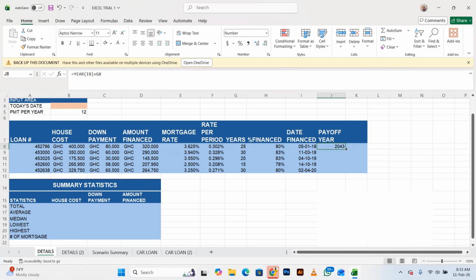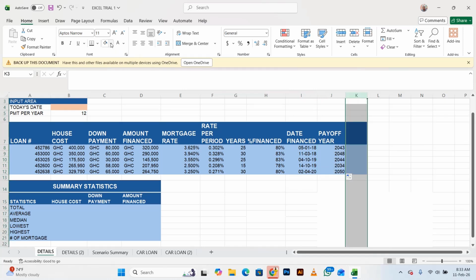You can do the calculation and let's see. 2018 plus 25, or 18 plus 25. What's the answer? Okay, so 43, right? So that's all. And after that, you drag it and then you are done. So this portion was not needed. Let me just take it off. So this is the end of our first Excel loan schedule. That is the first one.